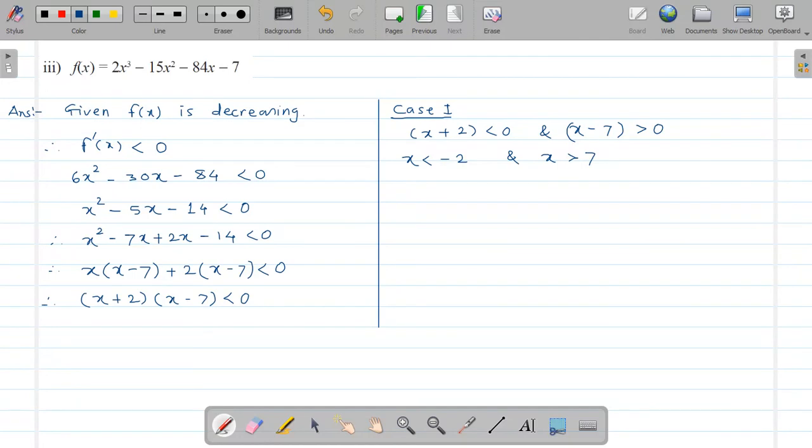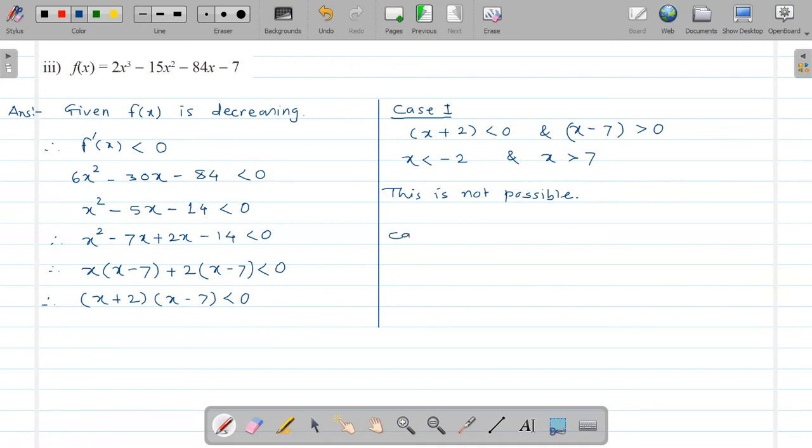Now think on the real line. This is not possible, or you can write impossible. There is no number which is greater than 7 but less than minus 2. So this is not possible.